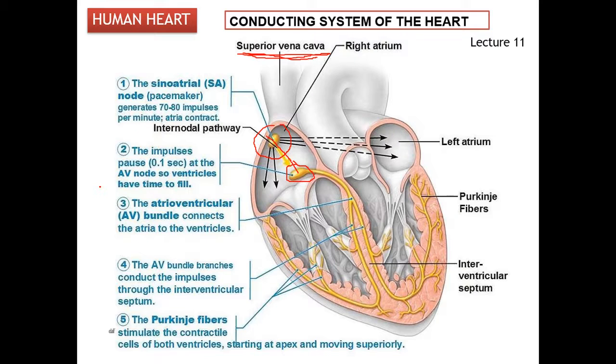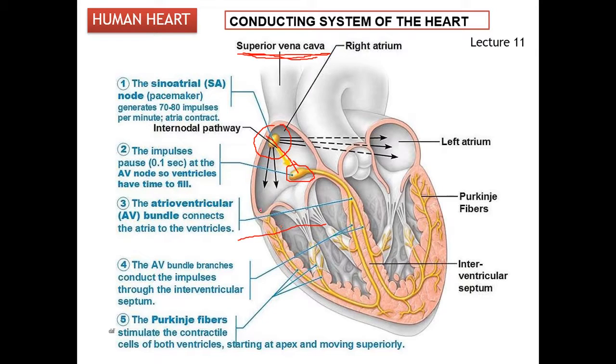When the impulse reaches the AV node, there is a delay of 0.1 second at the AV node, so the ventricles have time to fill. This means that by the time the impulse comes from the SA node to the AV node, the ventricles keep filling with blood.